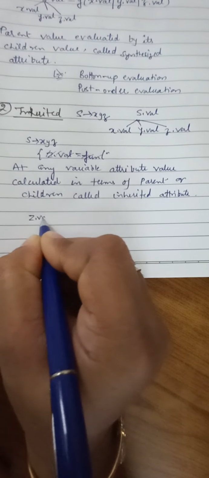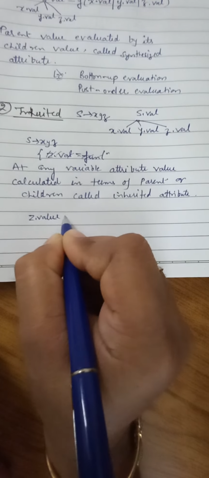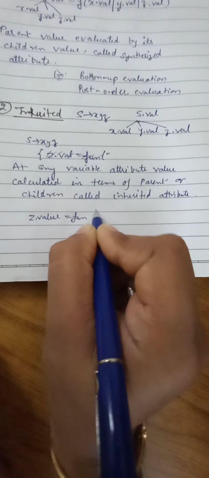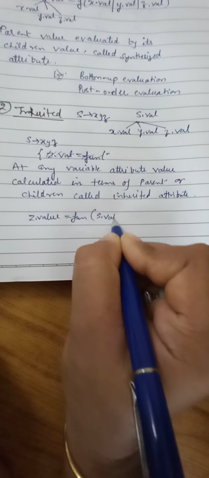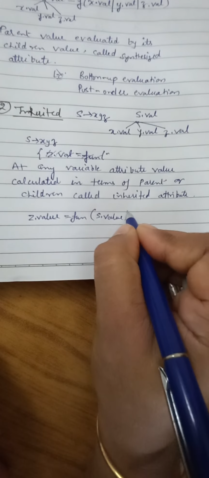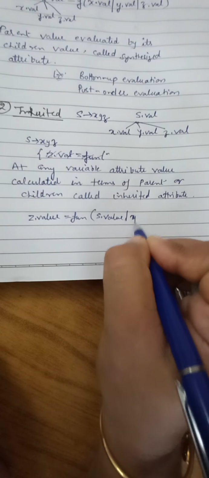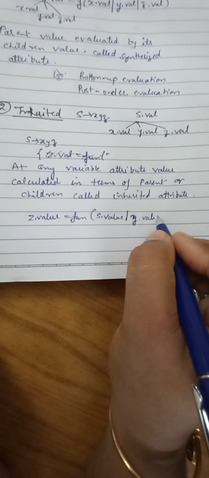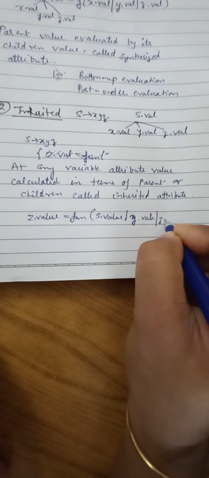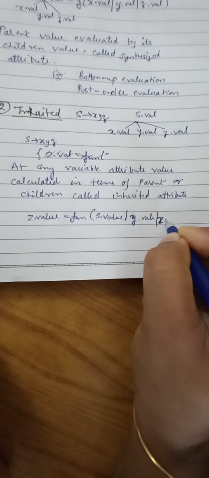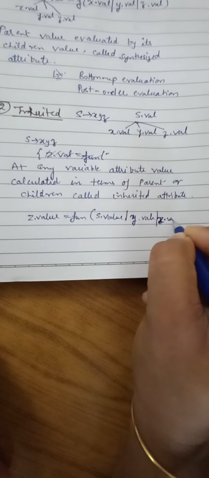We take another one: Z dot value is equal to a function of S dot value, that is the parent, or Y dot val, or X dot val.